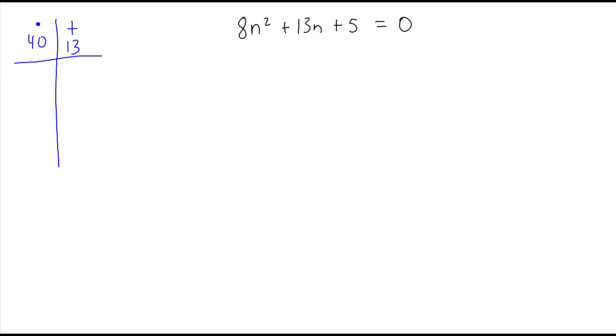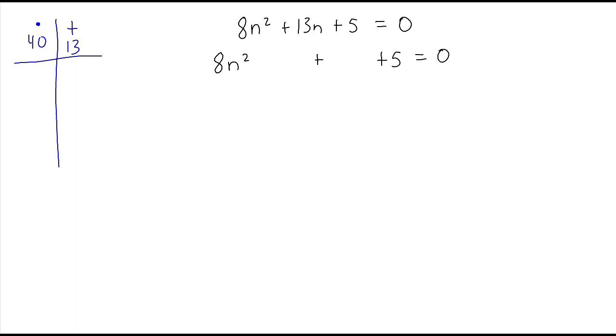Remember, the goal here is to split 13n into two terms. I can bring down the 8n squared. I can bring down the plus 5 equals 0, but I still need to know what to split this term into.